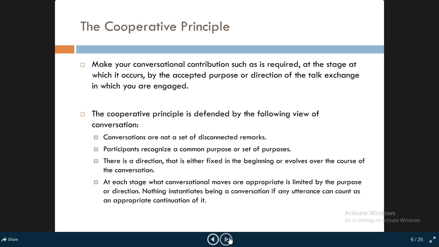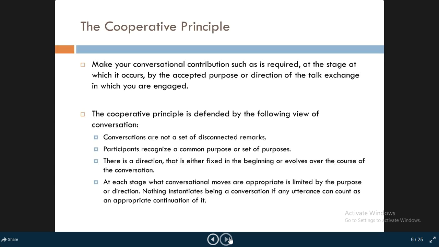Participants recognize a common purpose or set of purposes. There is a direction that is either fixed at the beginning or evolves over the course of the conversation. At each stage, which conversational moves are appropriate is limited by the purpose or direction. Nothing would be accomplished if any utterance could count as an appropriate continuation of it.